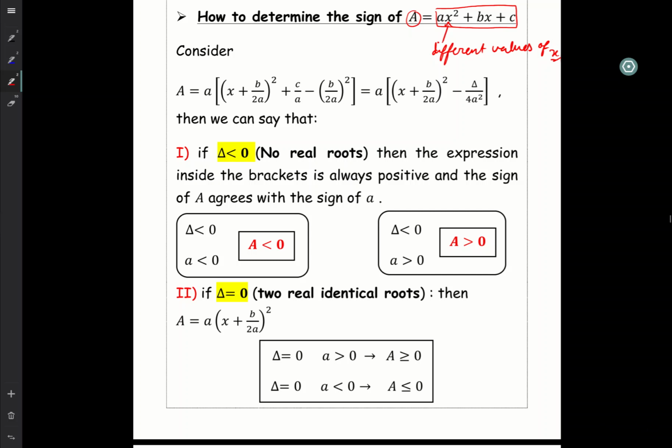We already discussed a specific case when we have two real roots.